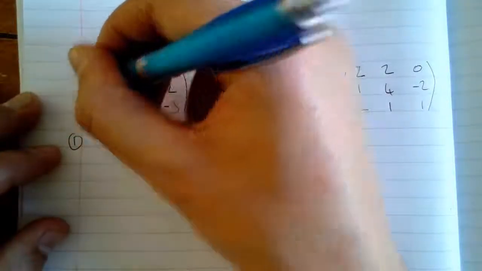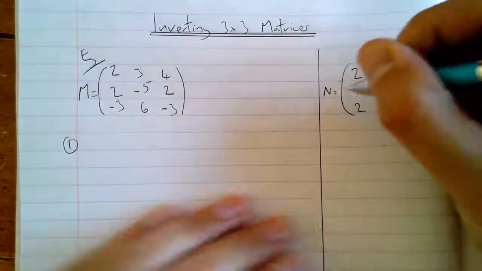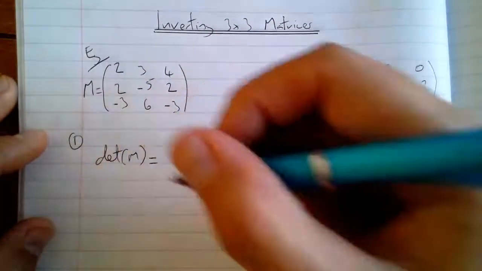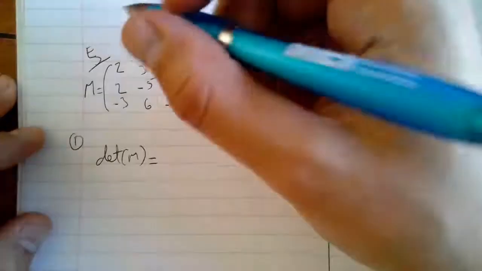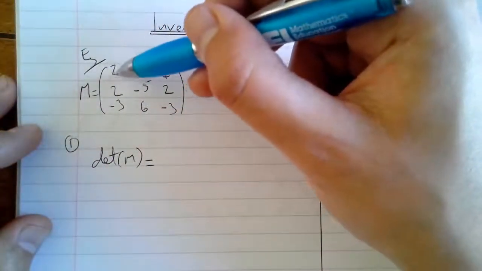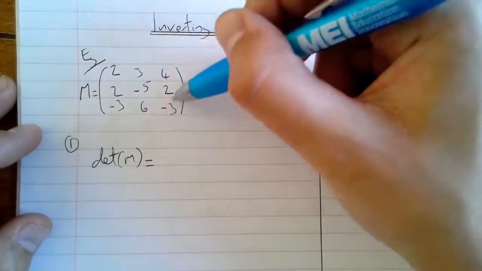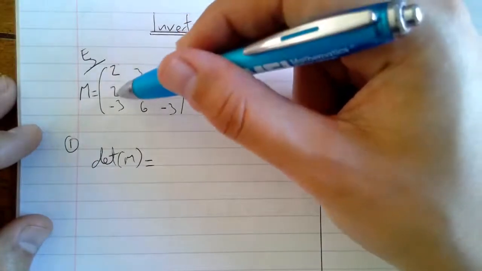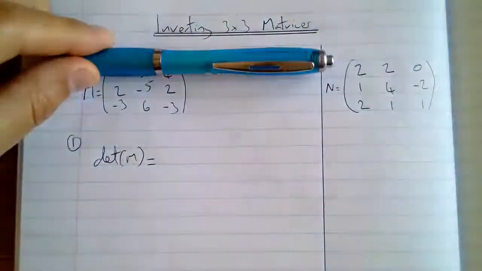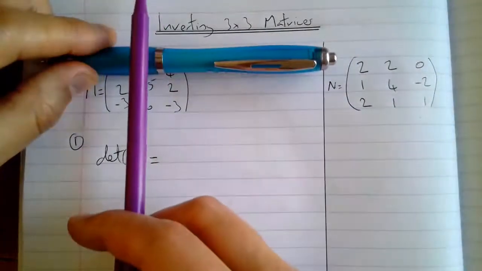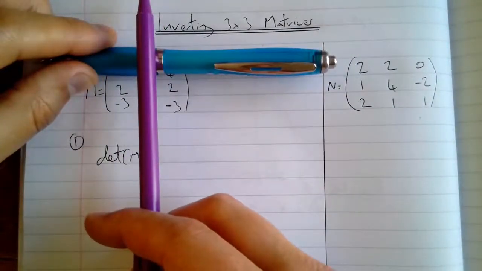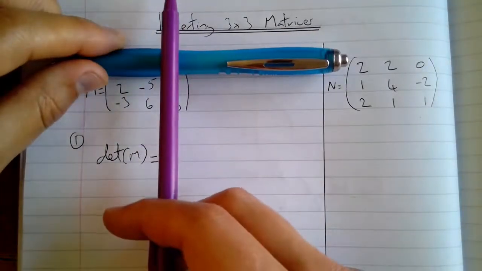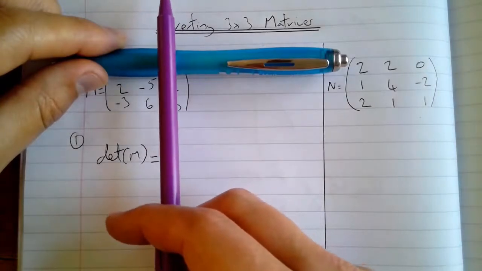Let's call this matrix M. Let's call this one N. So the determinant of M for a 3x3 matrix, hopefully you'll recall, you take the top left one and then times it by the determinant of this bit in here, and then you take the negative of this one and then times it by the determinant left by, so if I cover those rows up, the determinant of those, and then you take the last one, the positive version of 4, cover up the column and row, and you take the determinant of what's left in there.